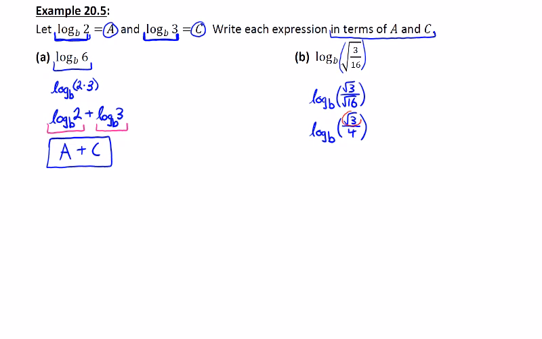The square root of 3 is my numerator, 4 is my denominator, and this is going to become log base b of the square root of 3 minus log base b of 4. We saw in a previous example where the square root of 3 can be rewritten so that it has a power. So we can rewrite that as 3 to the 1/2 power.